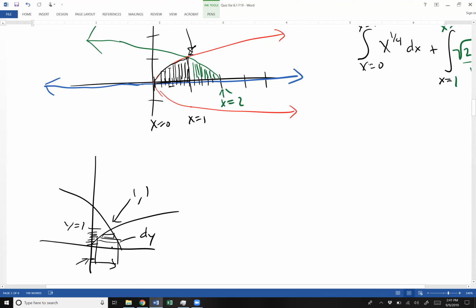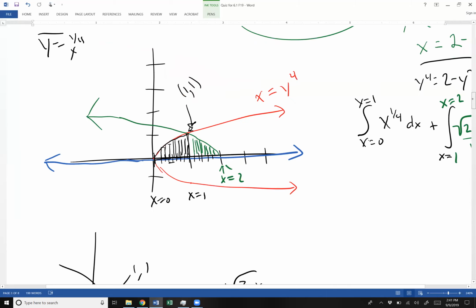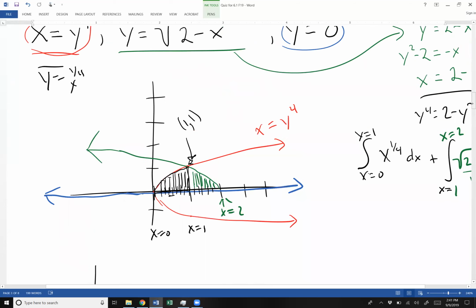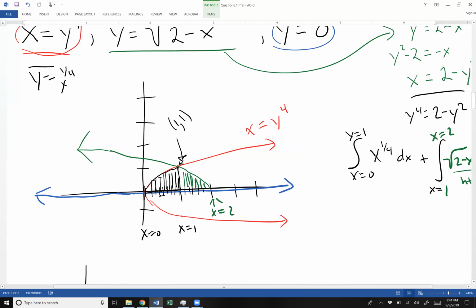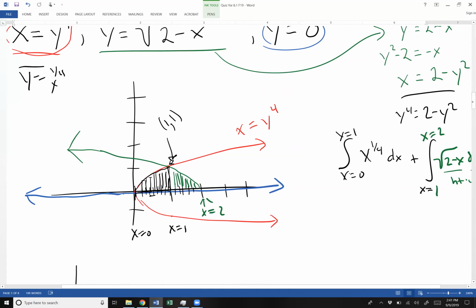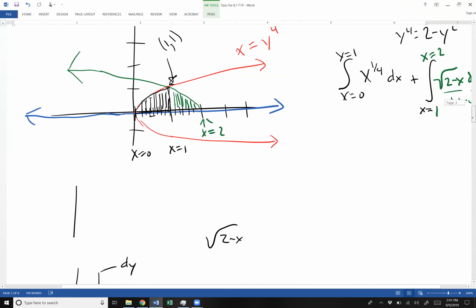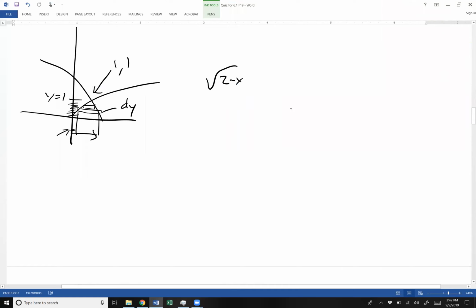So my green one up there, that is the square root of 2 minus x. That would be my upper function, but I'm not doing it in terms of x. I'm slicing in terms of y. So I need that in terms of y, which we did up here already. What did we get? x equals 2 minus y squared. And is that my upper function or my lower function?